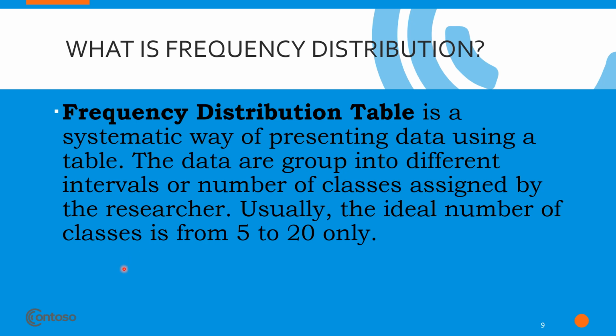This is already grouped data, but we will make a more comprehensive example. For example, if your population is more than 50, or more than 60, or 100, it is ideal to have a class interval of 5 to 20, but the number of respondents depends on how you are going to make a frequency distribution for grouped data.